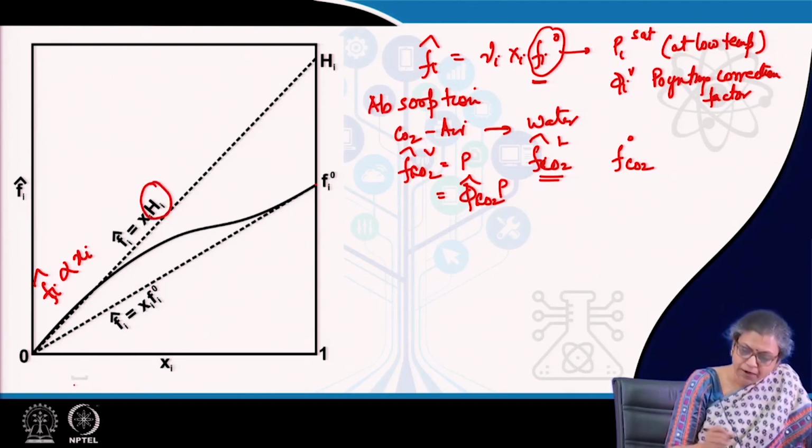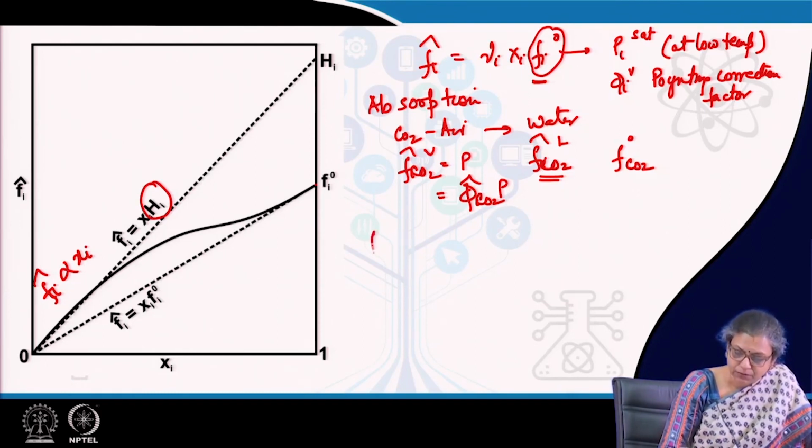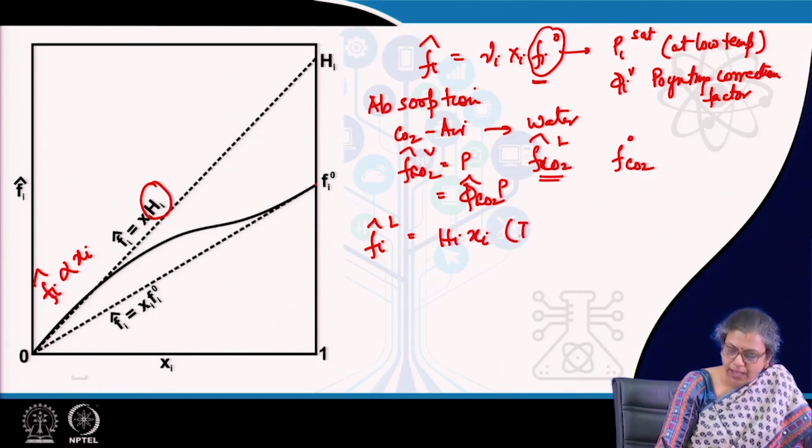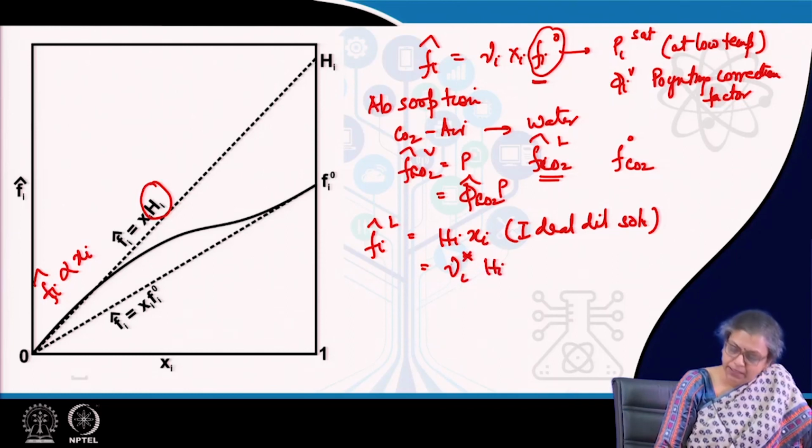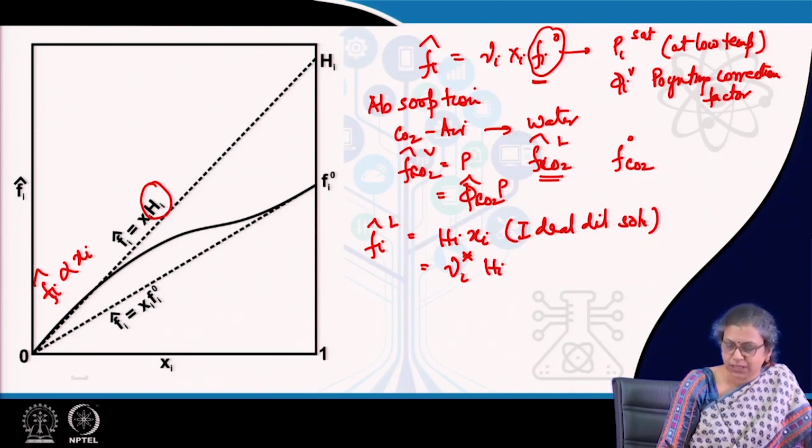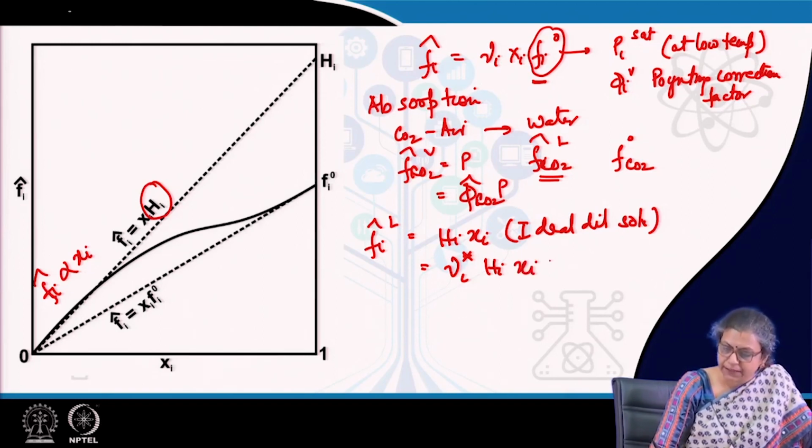So, for absorption we can very well write down that Fi in the liquid state equals Hi into Xi for an ideal dilute solution, or if it is not an ideal dilute solution, we modify it by an activity coefficient, which I have denoted gamma i star, that corresponds to the deviation from the ideal dilute solution model, and this will then be equal to YiP.